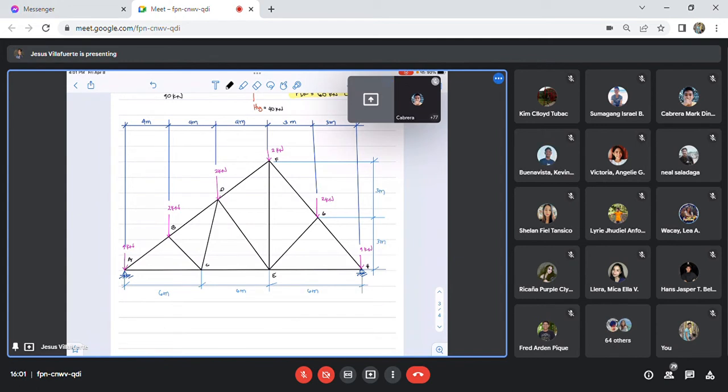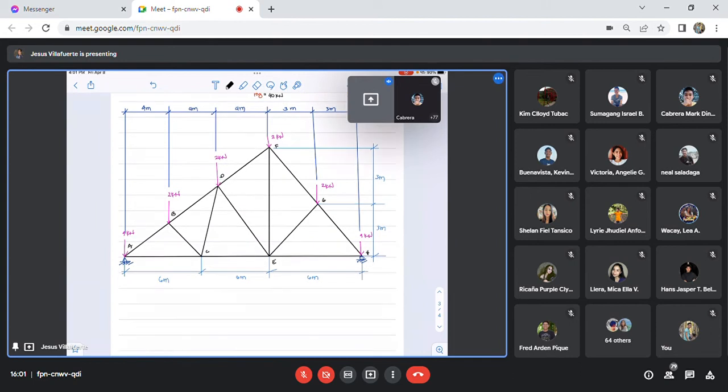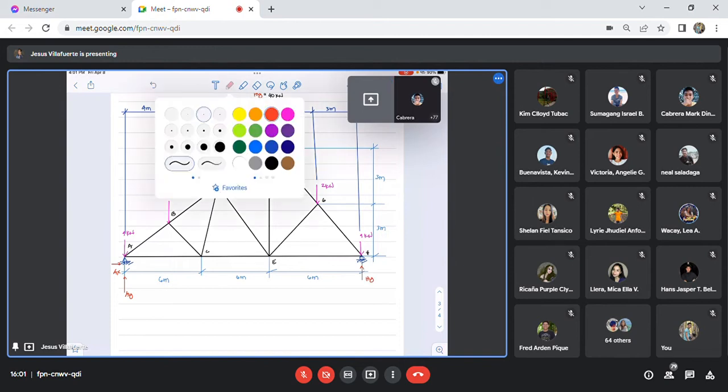Siguro sa demobilization lang. So unsa yung buhaton na to class? Calculate the support reactions: AY, AX, and HY.